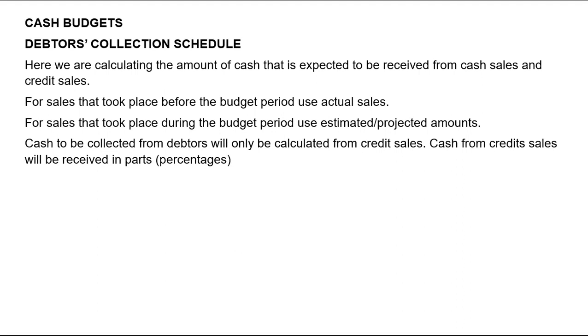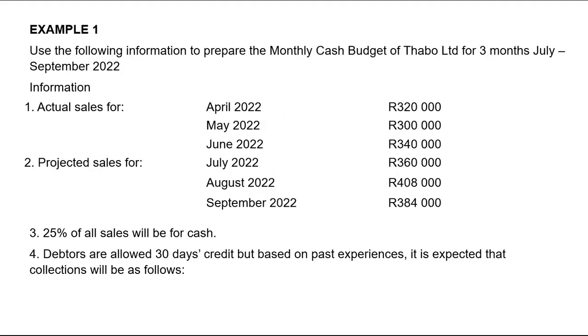Cash from credit sales will be received in parts, and those parts will be as percentages. Cash received from cash sales will be received immediately in the month of sale. And I did an example similar to this, okay?